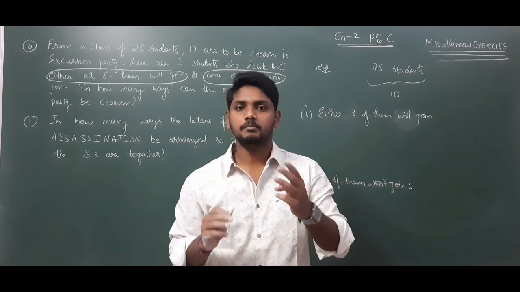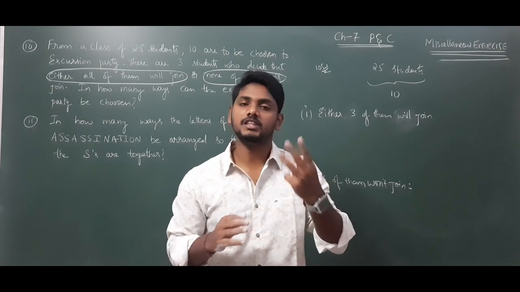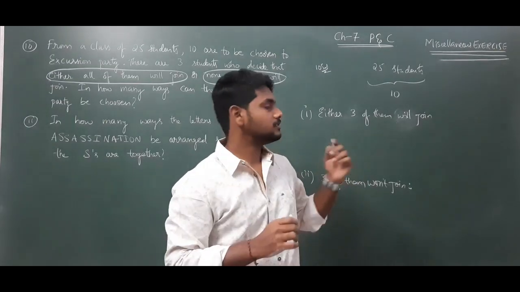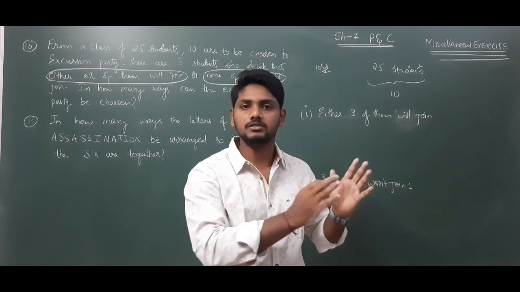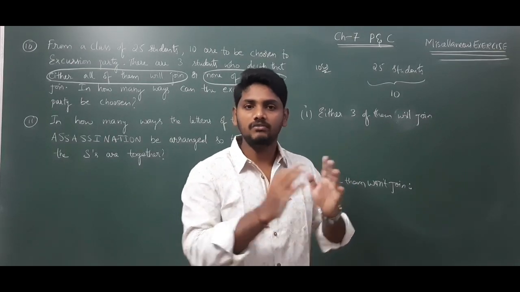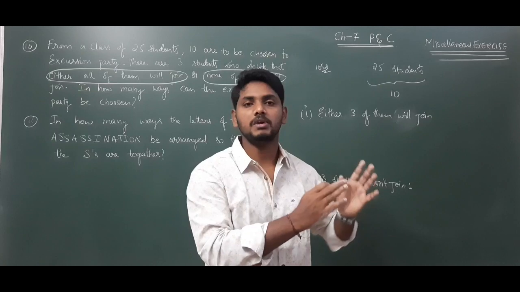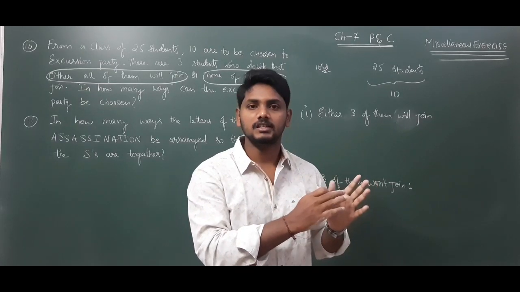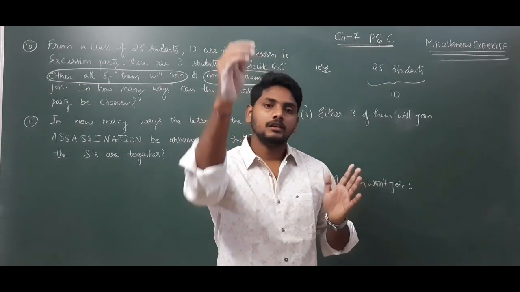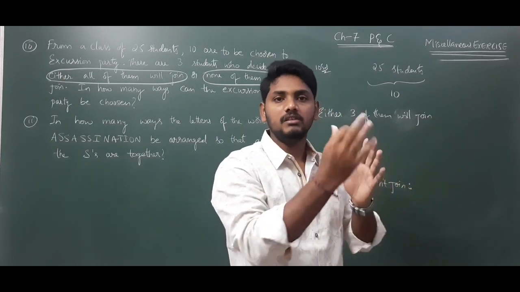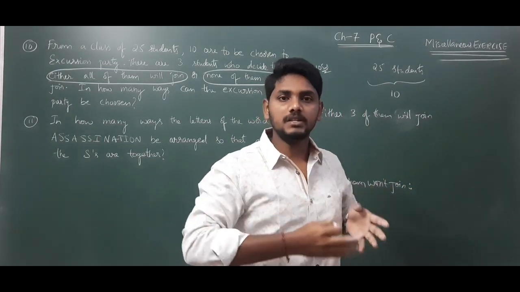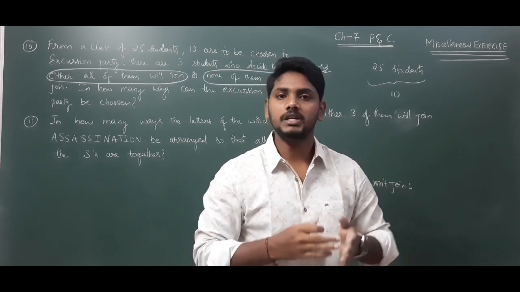Otherwise, 3 best players are there. If 3 best players are there, then definitely we will select those 3 persons. Out of 11, if we select 3 persons, how many remaining do we need to select? 8. That means out of your class of 25, if we select 3, the remaining will be 22. So the remaining 8 persons in that team should be selected from only 22, right?